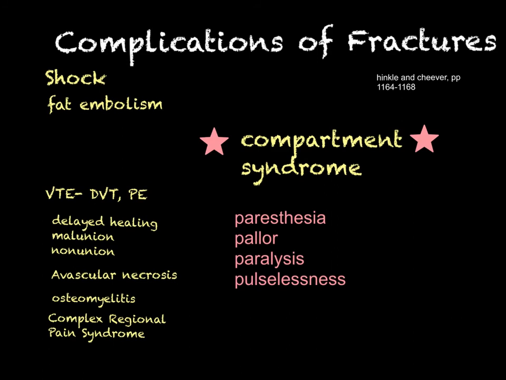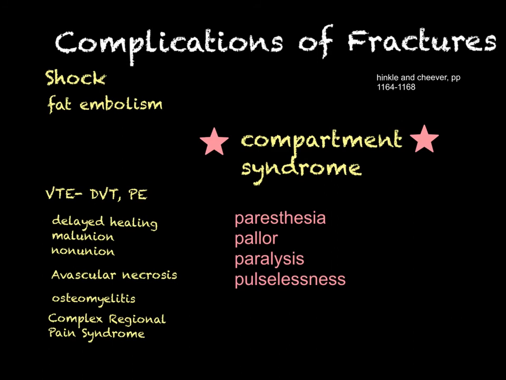So all the things that we talk about with decreased tissue perfusion, we're seeing with compartment syndrome. You will see difficulty with movement. Total paralysis is a late sign. An early sign would be difficulty wiggling the fingers or the toes, depending on which extremity we're talking about. But paralysis does occur.